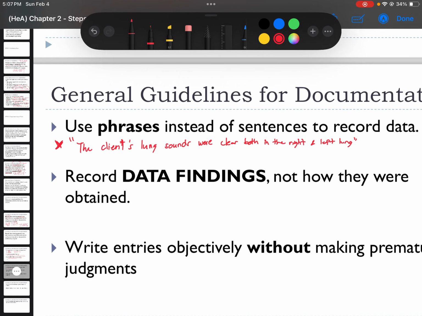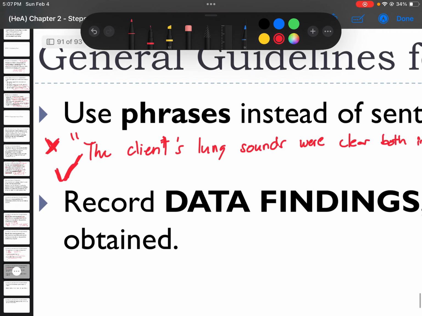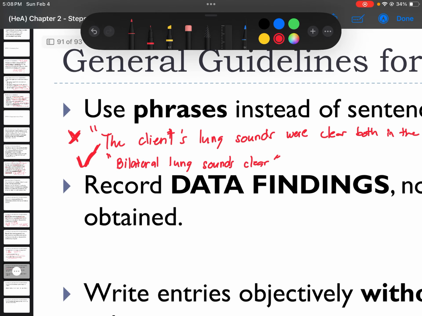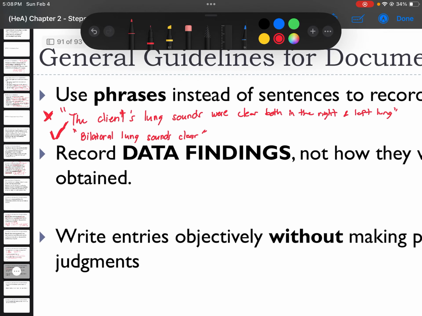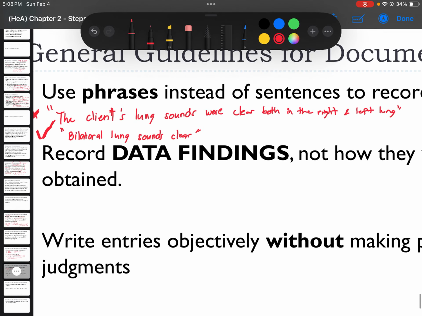Okay, that is a complete sentence and it's too long. Instead, we can simplify it and use phrases. We could say something like, bilateral, which means both sides, lung, which means the lung, bilateral lung sounds clear. Okay, as I've said, simplify. It is short, it is very concise. It avoids redundancy. It avoids making possible errors in charting.